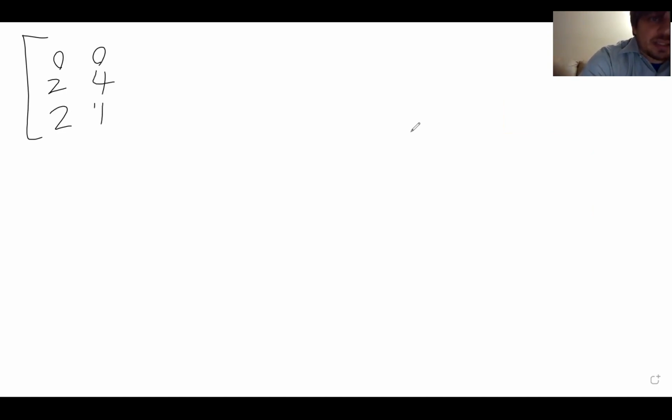Okay, so let's start with the same matrix I have there. I'm copying it down again. I'll try to write this so that you can see it easily.